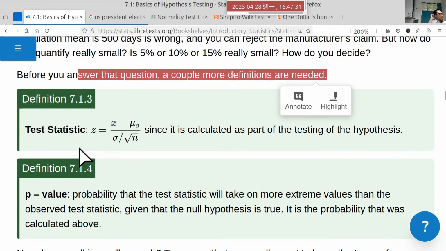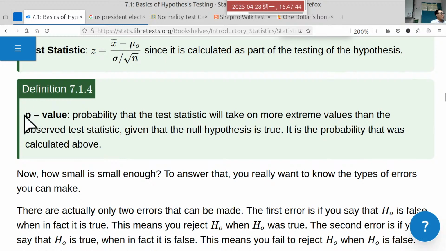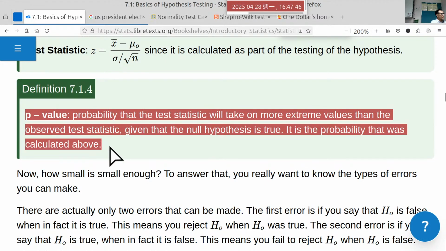The first is the test statistic. Z equals this one, the formula like this, since it is calculated as a part of testing the hypothesis. The second one is the p-value. This one is very, very, extremely important.